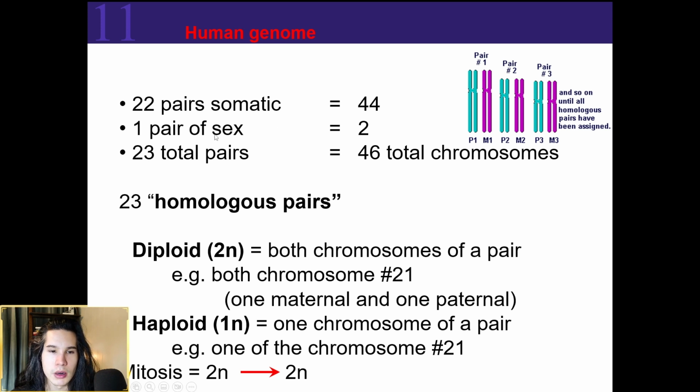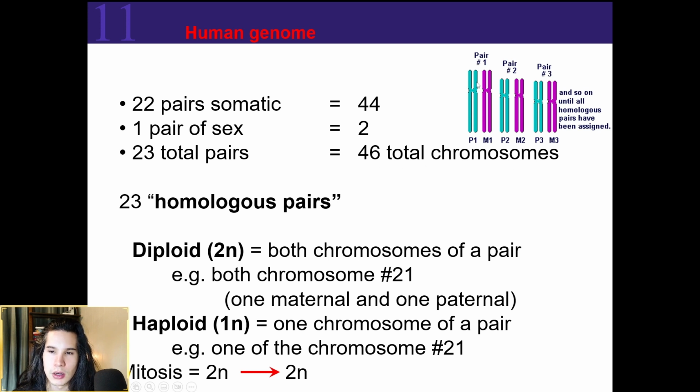You also have 1 pair of sex chromosomes, so therefore you have 2 total sex chromosomes in your somatic cells. Now, altogether, we're going to combine the sex chromosomes as well as the somatic chromosomes. Altogether, you're going to have 23 pairs of chromosomes in all of your somatic cells, therefore giving all of your diploid somatic cells 46 total chromosomes.